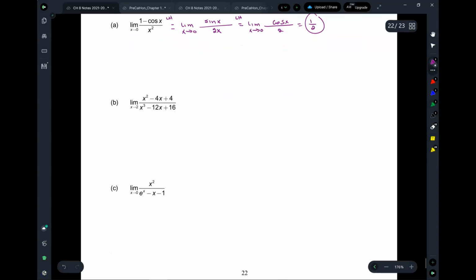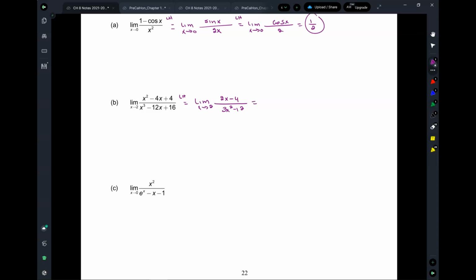Okay, so here we go. We put in the 2. Just trust me on this. You get 0 over 0. So L'Hopital's rule says this is the limit as x approaches 2 of 2x minus 4 over 3x squared minus 12. Okay, put in a 2, right?